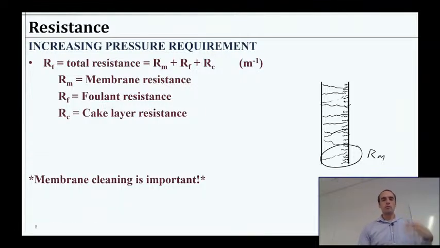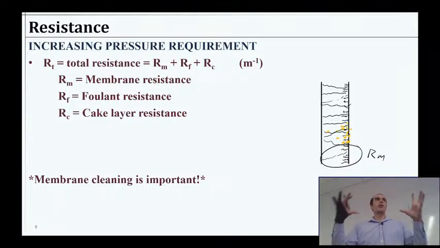Okay, so that's just the membrane itself. We could also describe foulant resistance, which would be any particles that are kind of accumulating in the pores or somewhere else. So if we start having particles start blocking a little bit on the surface and just throughout, they're kind of sticking to different spots, they're sort of starting to constrict the pore size a bit.